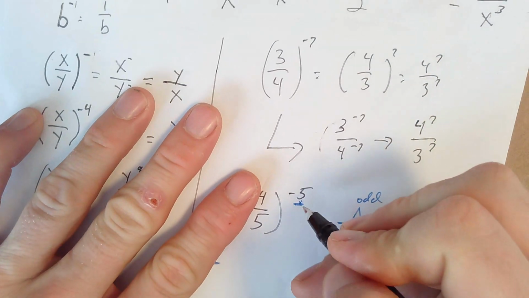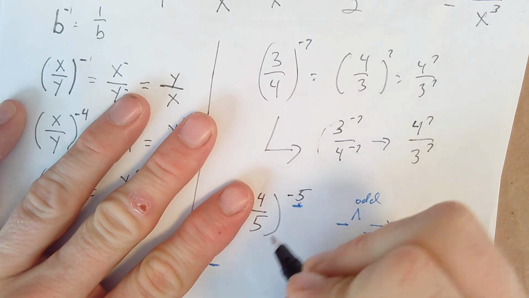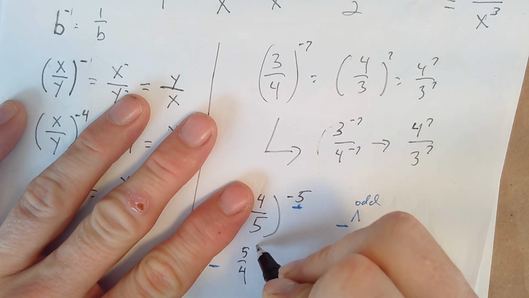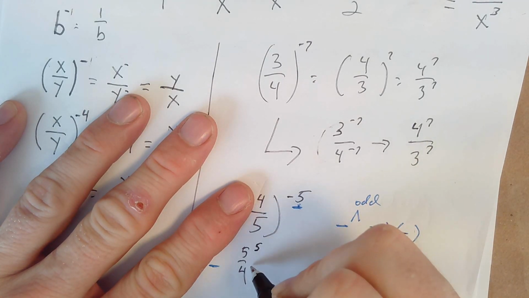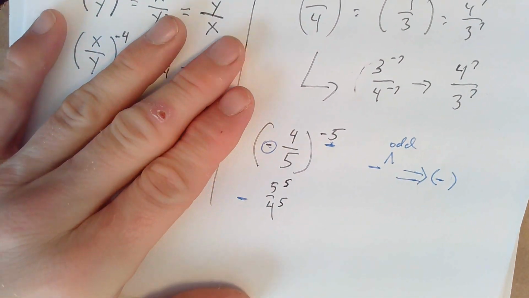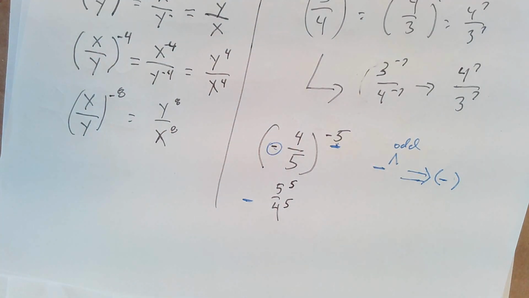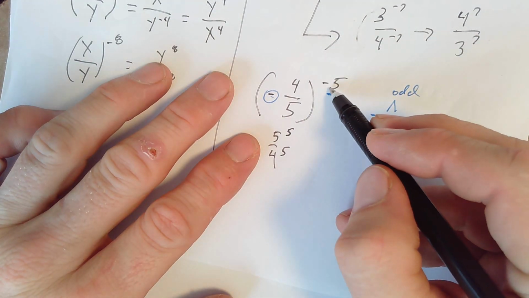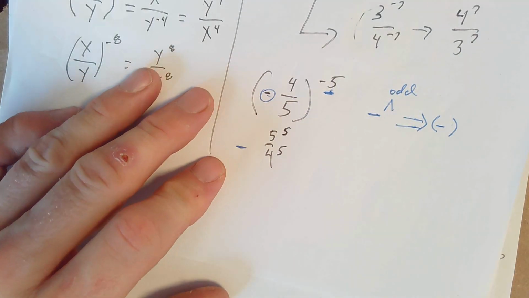Now this is going to be 4 fifths. We can flip it, be 5 fourths, and then distribute the 5. 5 to the 5th over 4 to the 5th. And that's my answer. Flipping it makes the negative go away, and then distribute the 5.